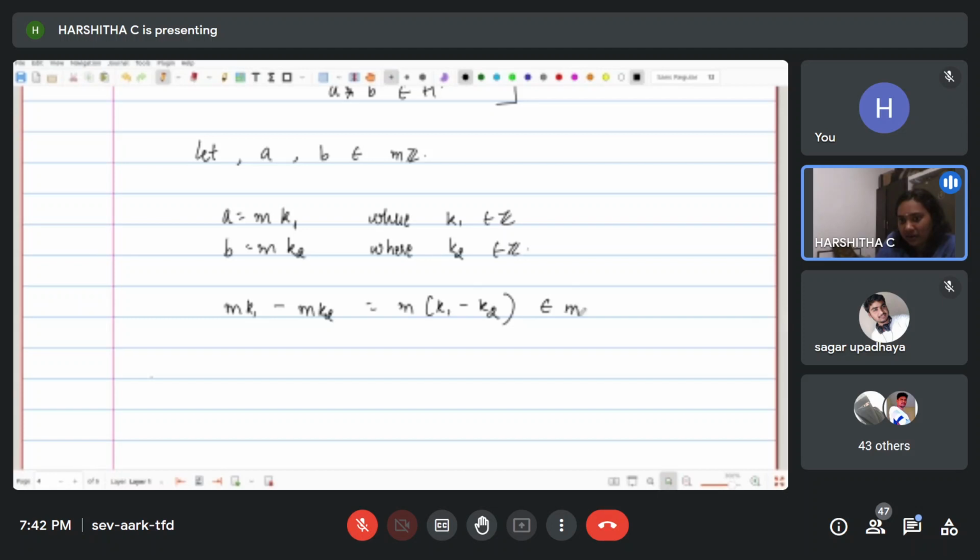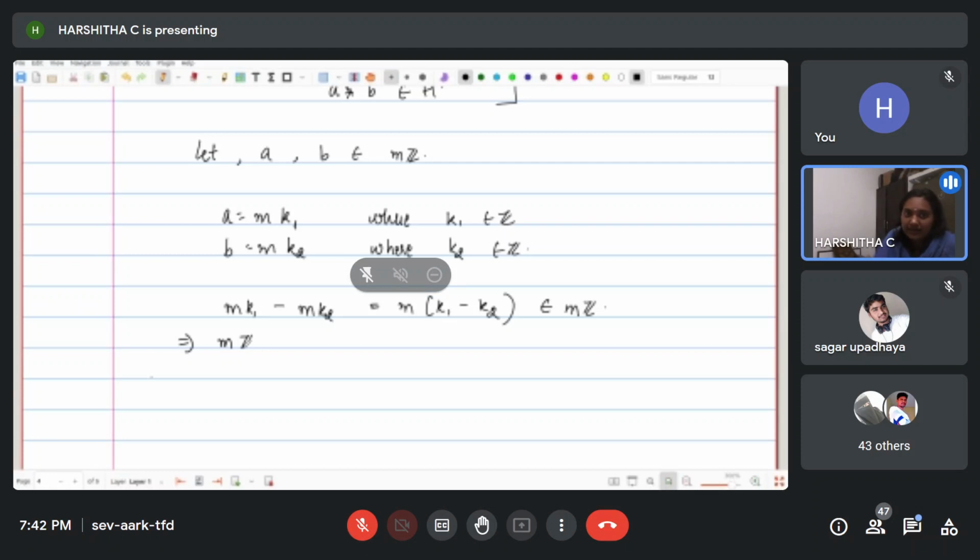This is again an element of mZ. So what we have checked is that taking some random elements A, B in mZ, we showed that A star B inverse, whatever inverse means under this operation, is again an element in mZ. So this shows that mZ is a subgroup for any integer m.